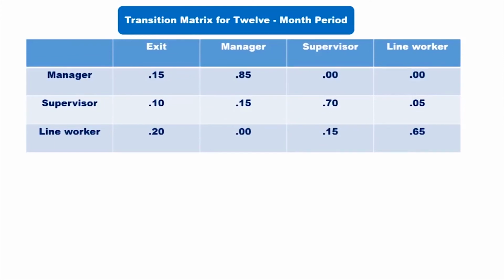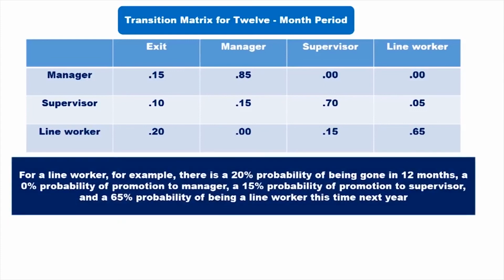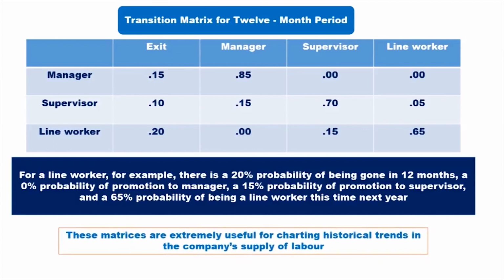Now, looking at this, for a line worker, there is a 20% probability of being gone in 12 months, a 0% probability of promotion to a manager, a 15% probability of promotion to supervisor, and a 65% probability of being a line worker this time next year. So these matrices are extremely useful for charting historical trends in the company's supply of labor.